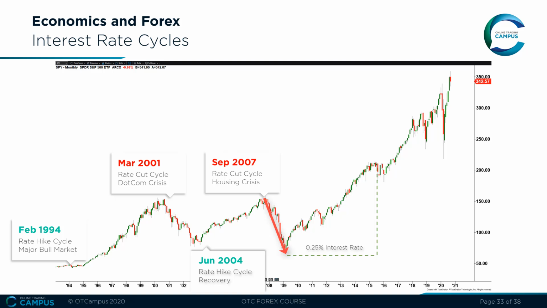And as a result, the Fed cut interest rates even lower, all the way to 0.25% for the first time ever. In the beginning, it was communicated as a temporary step to intervene and support financial markets, but it was anything else but temporary. The US stayed at 0.25% all the way until 2015.